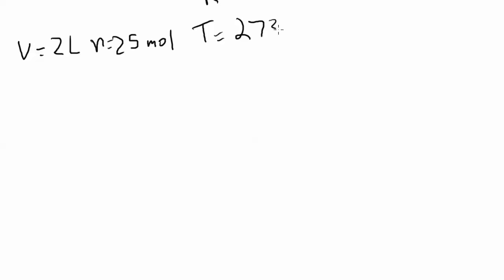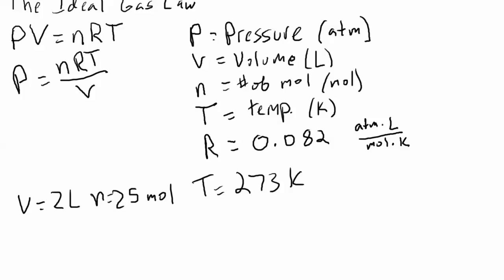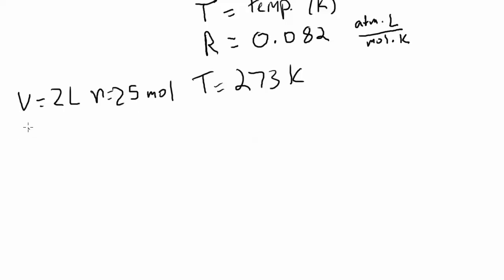So let's say I've got a volume of 2 liters and I've got 25 moles, and so that would be n, and my temperature equals, let's just go with 273 Kelvin, which is 0 degrees Celsius. What would the pressure be? So you've got a gas and you know the volume of the gas, the number of moles of gas, and the temperature of the gas.